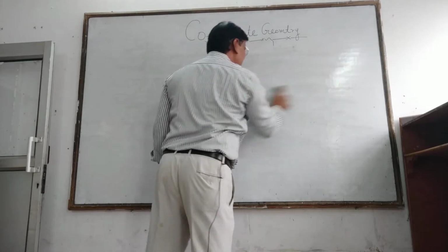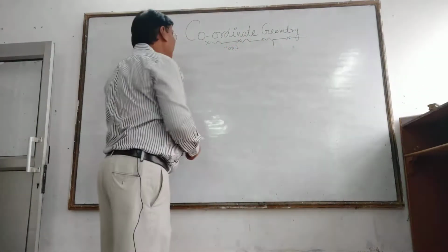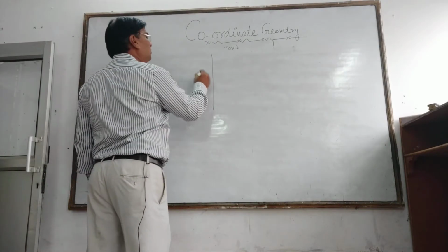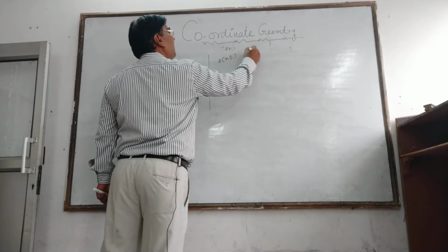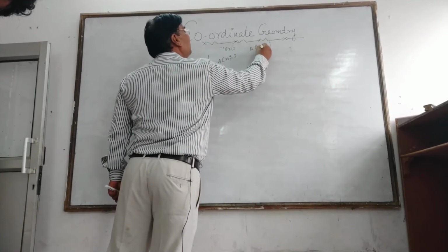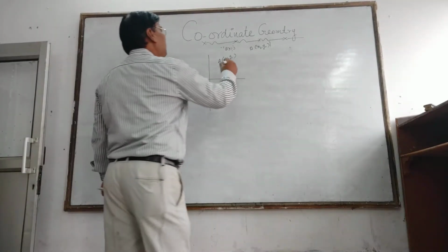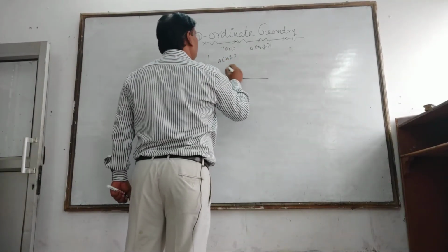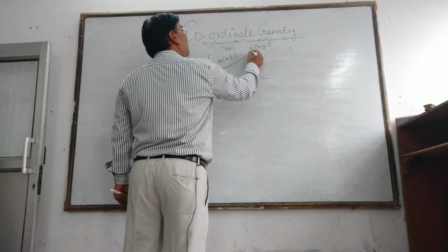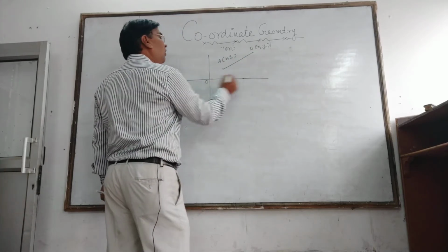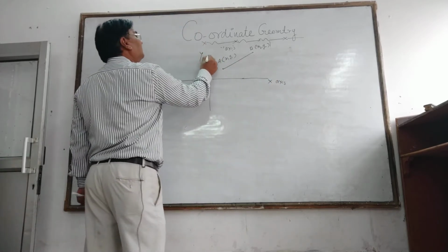The coordinates of A and B are given. The distance between two points A (x1, y1) and B (x2, y2). Now look here, the distance between the two points A and B, with A (x1, y1), on the x-axis and y-axis.